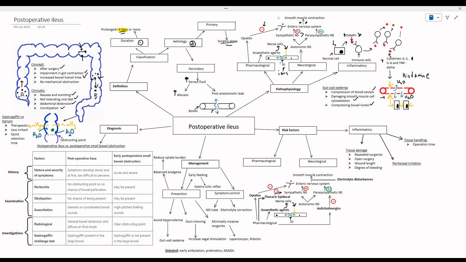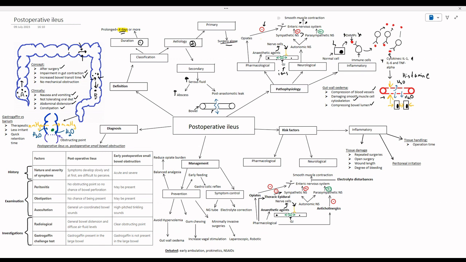So that's like a secondary mechanism, where you can have the flow of ions to cause depolarization between cells. Because the colon lacks these gap junctions, it's going to be more dependent on the nerve cells for stimulation. And because the nerve cells are being affected by these anesthetic agents, by impairing the flow of ions across the membrane, it means that anesthetic agents can have a big impact in causing the development of postoperative ileus.